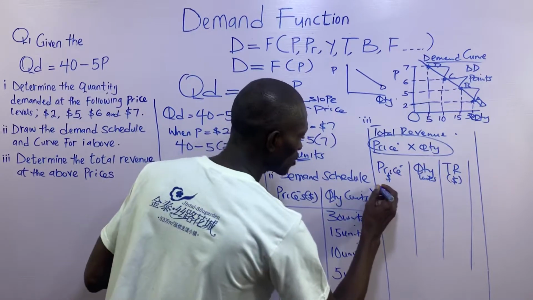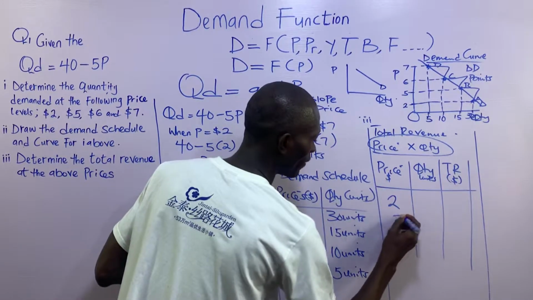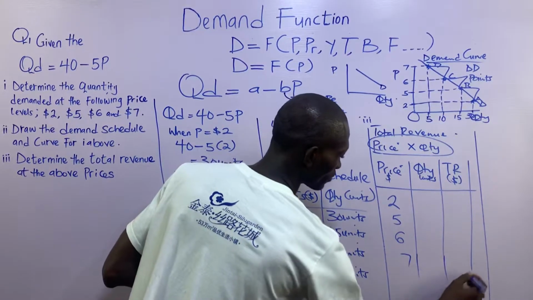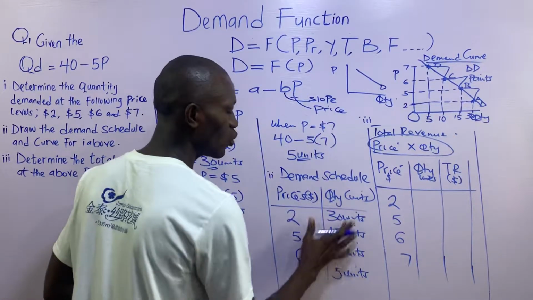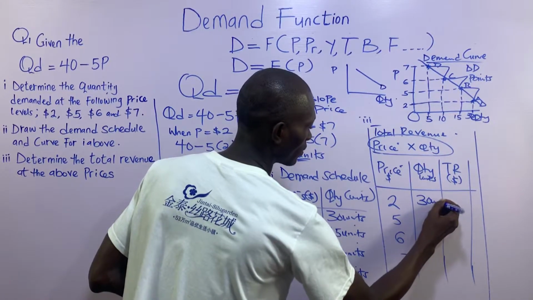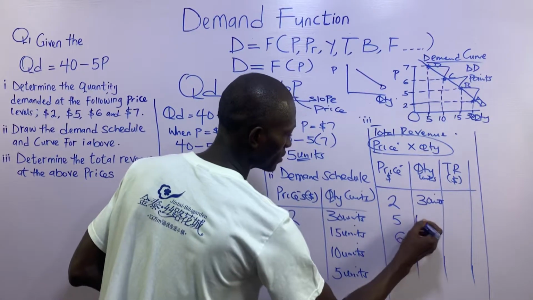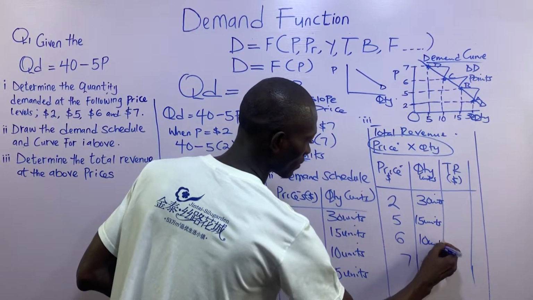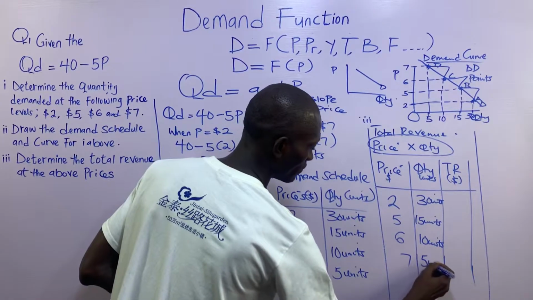So we have 2, 5, 6, and 7. So the respective quantity demanded also. We have 30 units, we have 15 units, we have 10 units, and we have lastly 5 units.